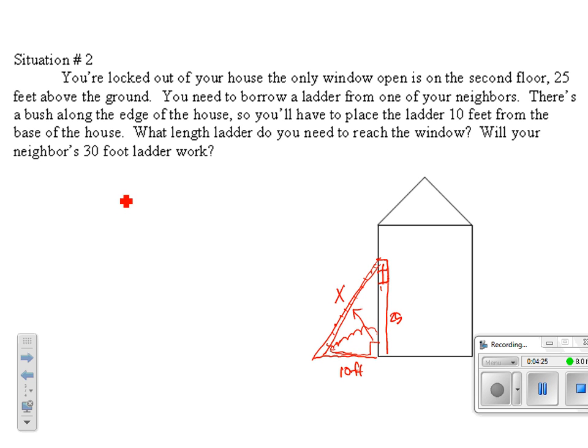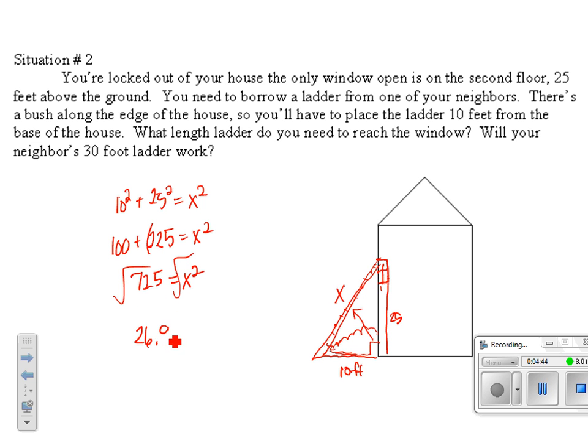Okay, we've got 10 squared plus 25 squared equals x squared. 100 plus 625 equals x squared. 725 equals x squared. The square root of both sides would be 26.9 feet.